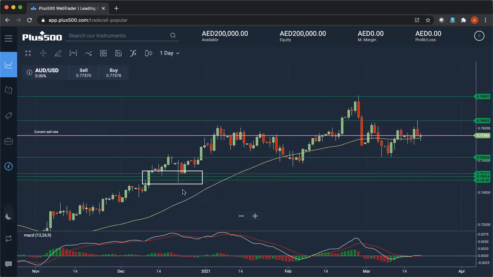So basically I will call this a support area consisting of multiple IPLs. Then the price reacts to this area and goes up. You can see this 76,200 is trying to break up, and it will finally break up.